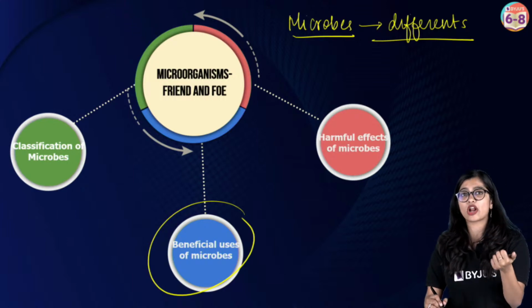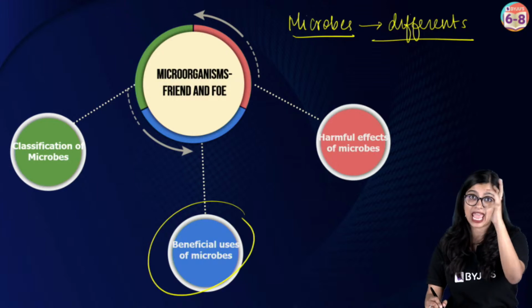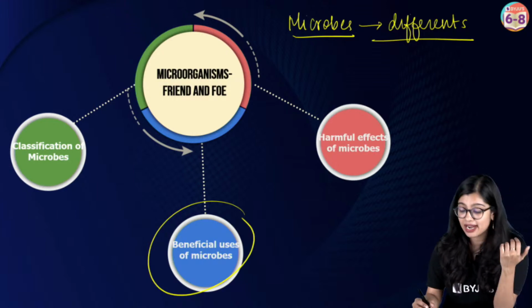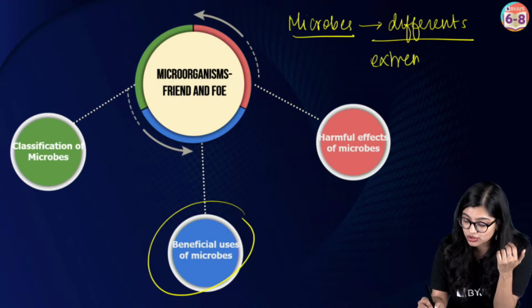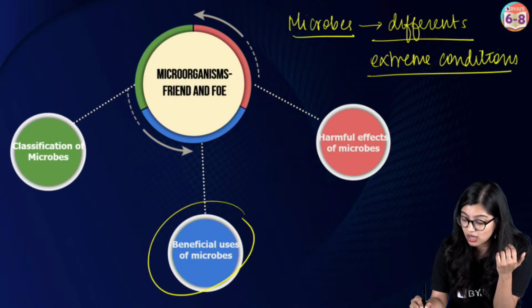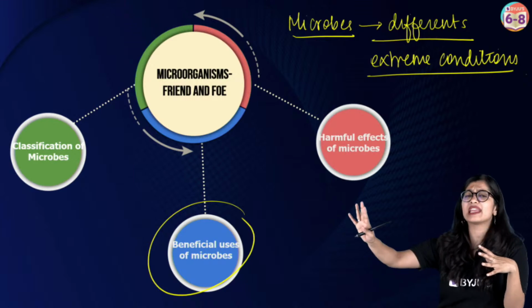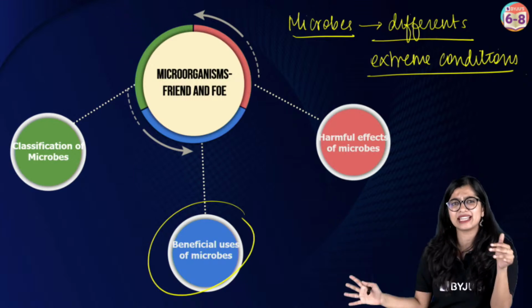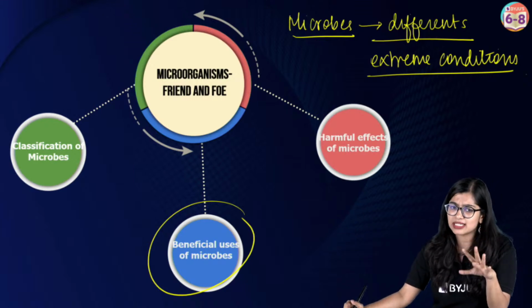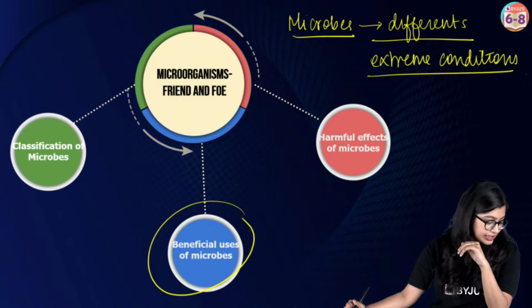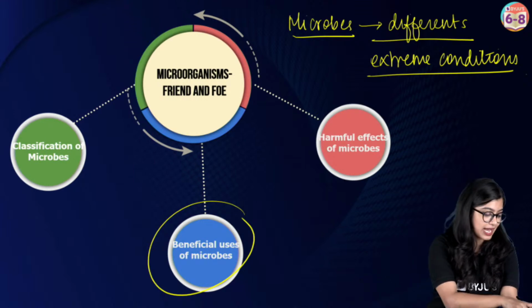We see microorganisms in air, water, soil, and also in some extreme conditions, where there is a high amount of salt or high temperatures. These microorganisms have the ability to survive in such conditions as well.